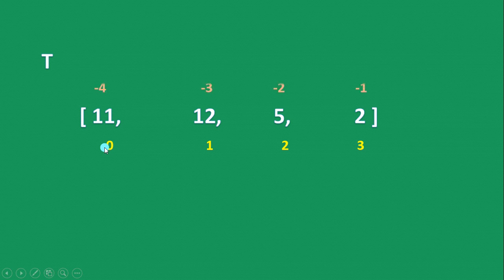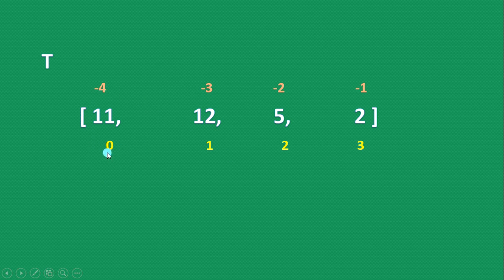The very interesting point is that the list also has negative indexes if you are counting from the right side. The last element has -1, and going towards the left it is -1, -2, -3, and -4. So please remember, a list has both positive and negative indexes.